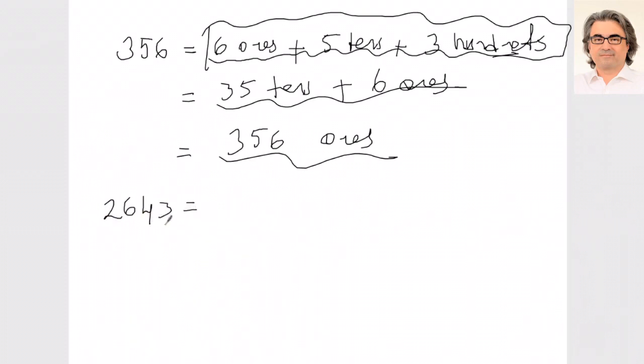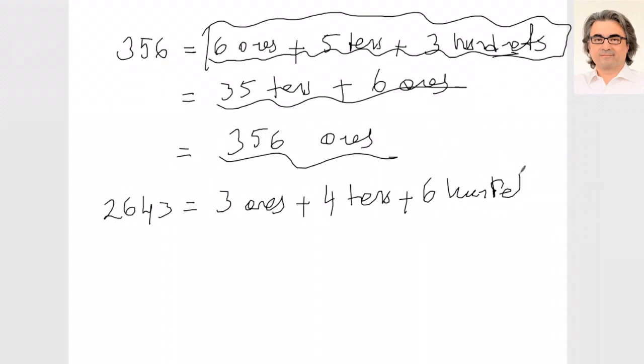Start from the first digit from the right. 3 ones I have, plus 4 tens, plus 6 hundreds, plus 2 thousands.